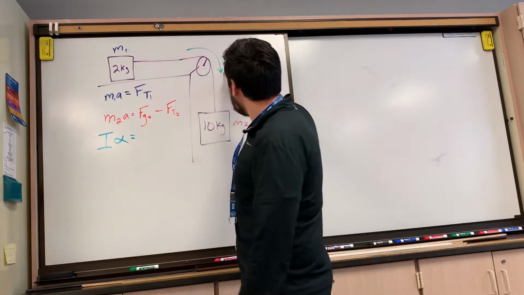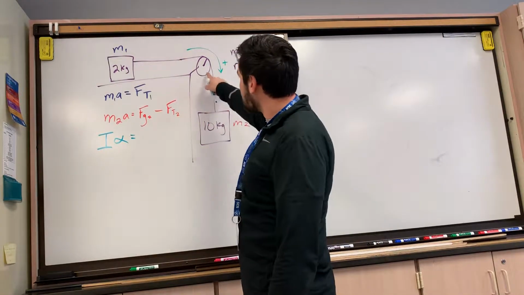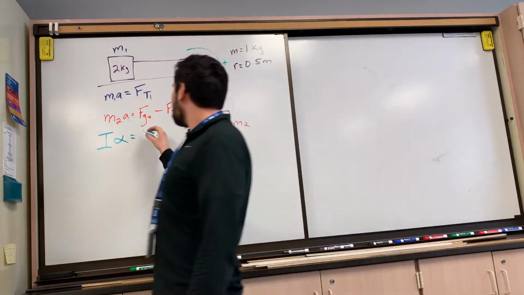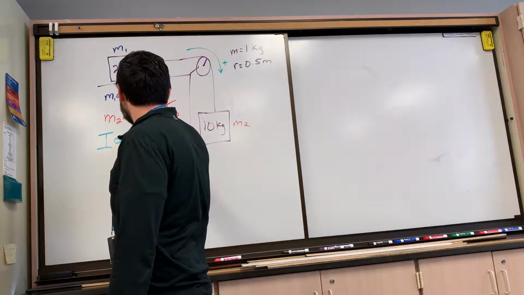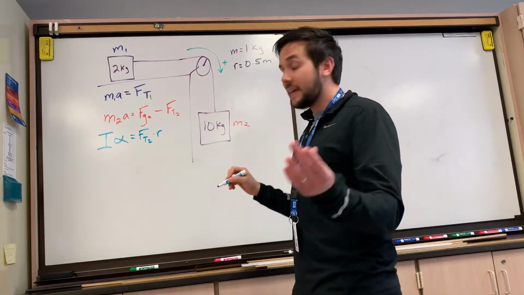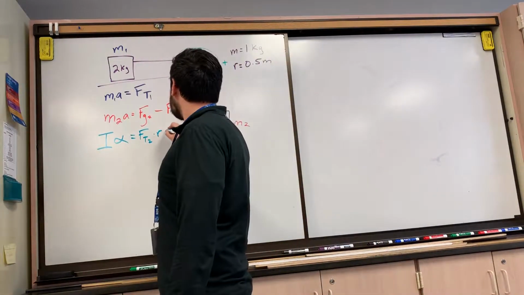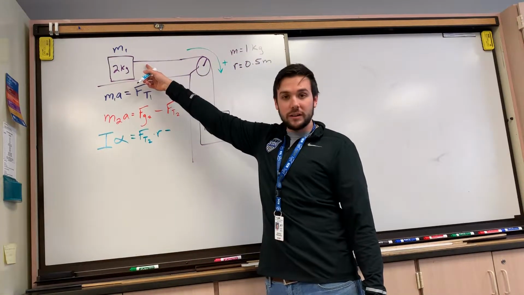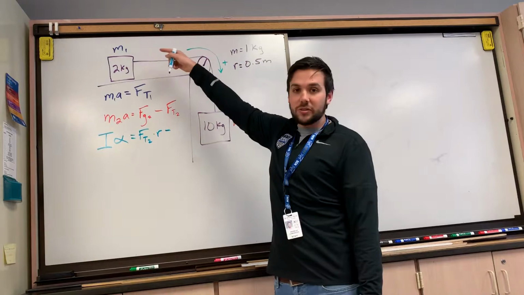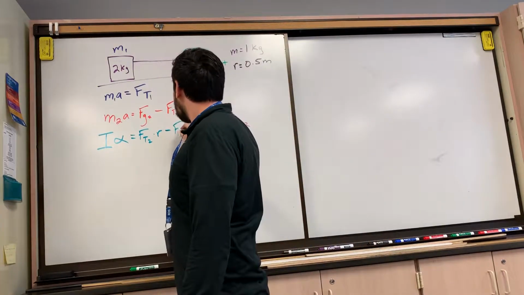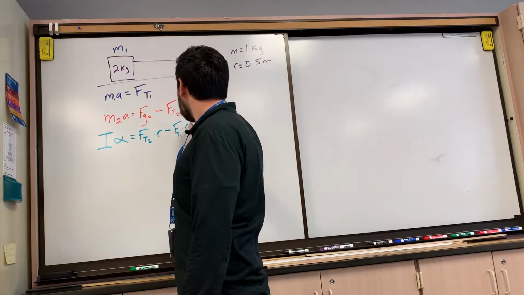I have a force of tension that's providing a torque on this pulley at a radius r, so it becomes force of tension 2 times my radius r. And then it's minus my force of tension from mass 1, because it's pulling in the opposite direction against its motion, so force of tension 1 times r.